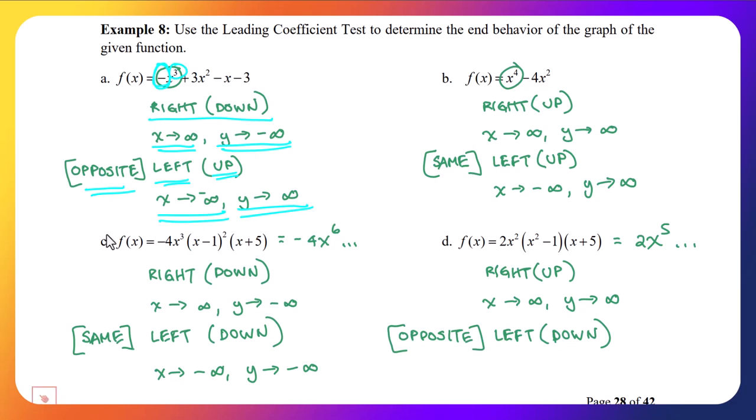Just know that if you multiply out C and D, you imagine what the first term is going to be and ignore everything else. For C, the first term is going to be negative 4x to the 6th, and for D, the first term is going to be 2x to the 5th. Just imagine multiplying it out and taking the highest degree term.